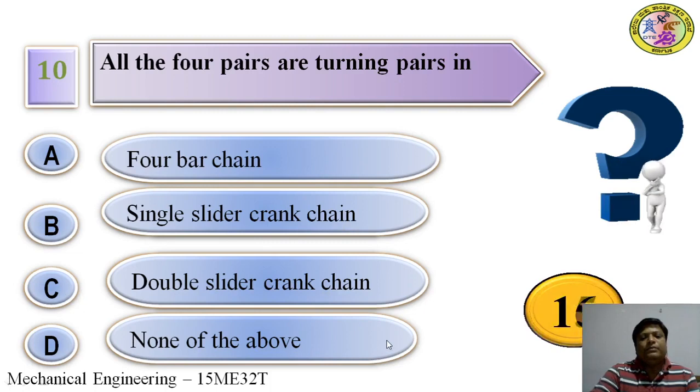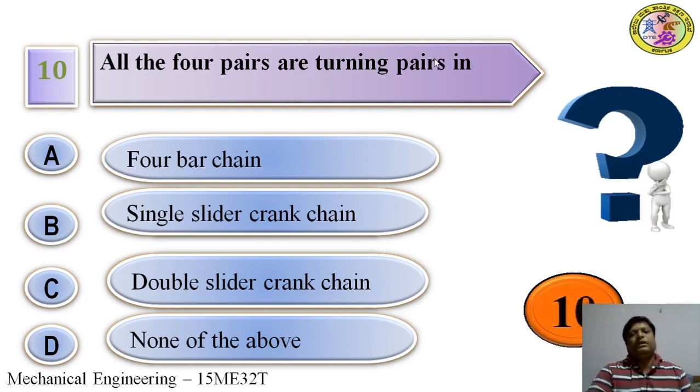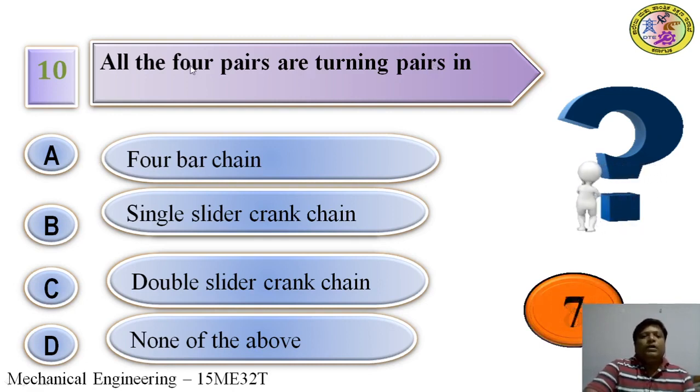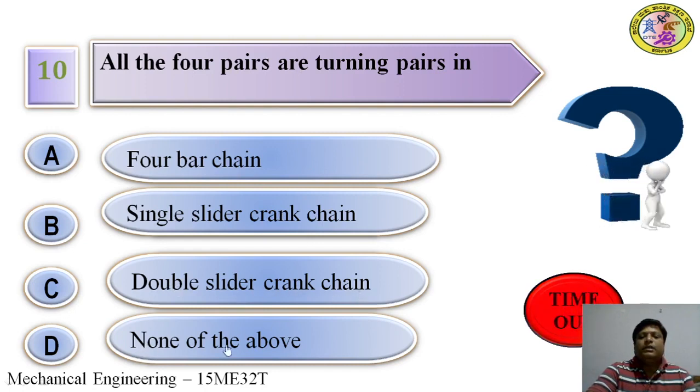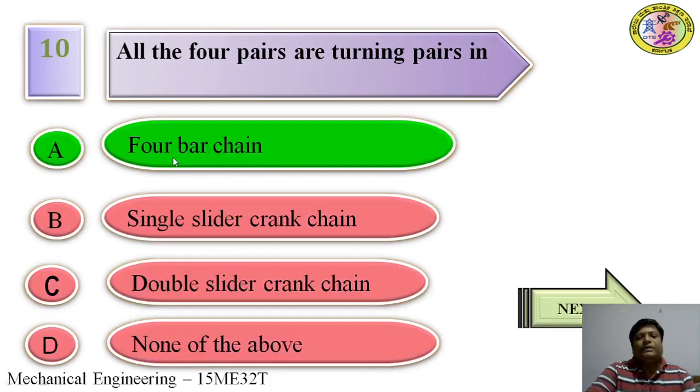In a double slider crank chain, there are 2 sliding and 2 turning pairs. Single slider means only a single sliding pair, and the remaining 3 are turning. But in a 4-bar chain, all pairs are turning pairs. So option A is the right answer.